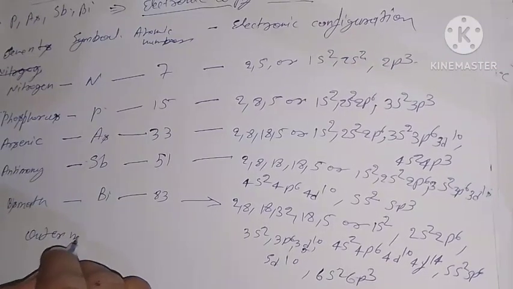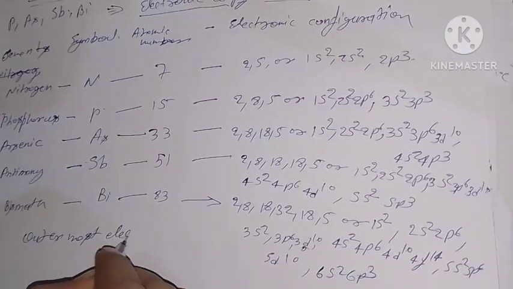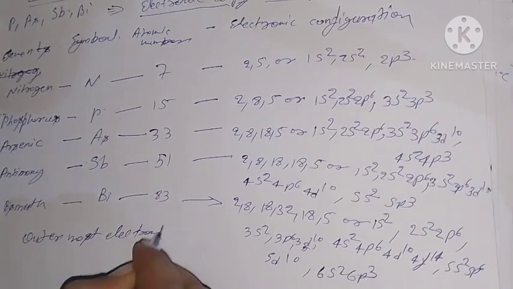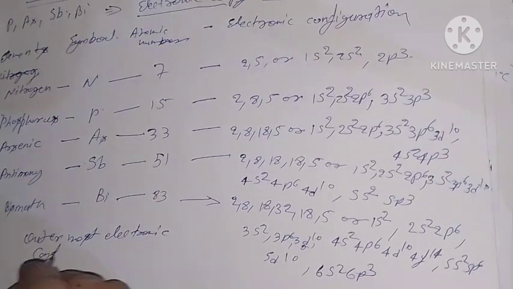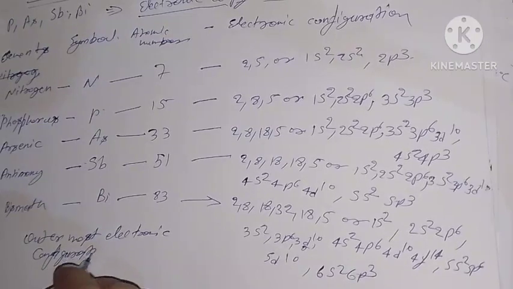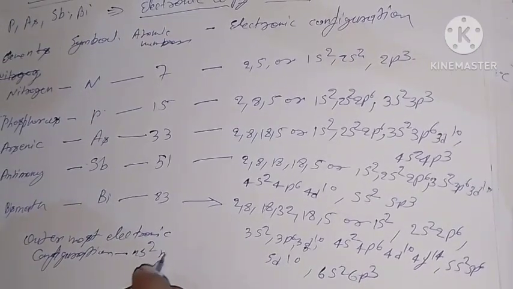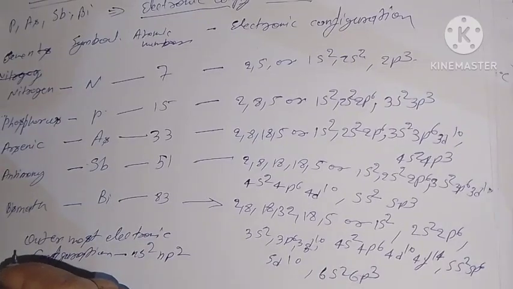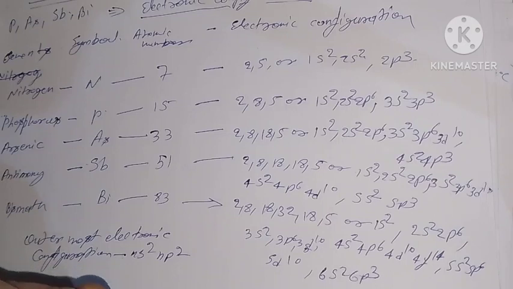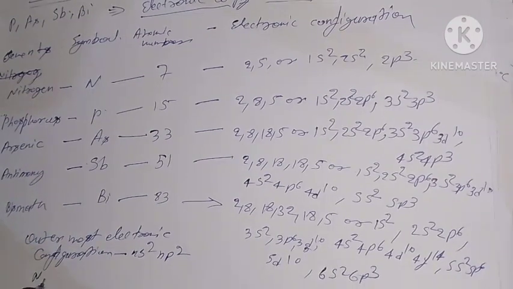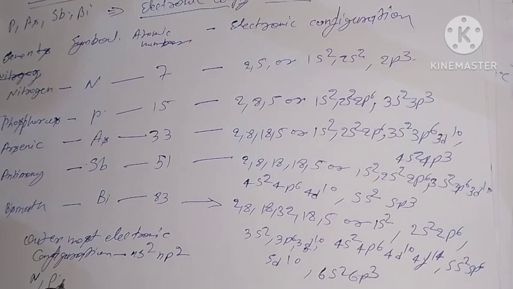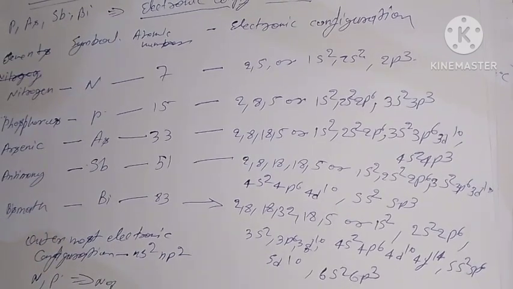The outermost electronic configuration is ns2, np3. Hence, these are the p-block elements.